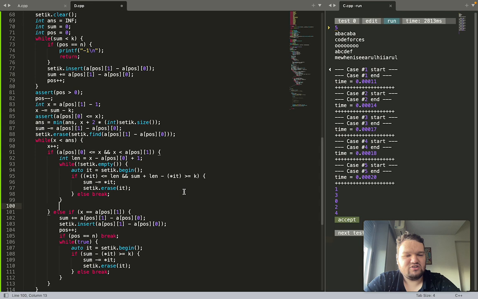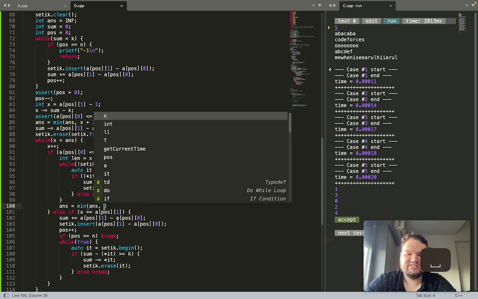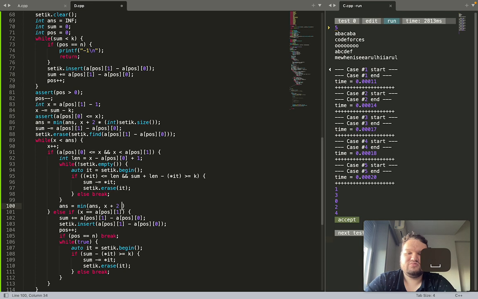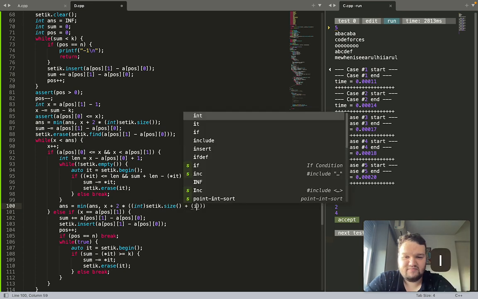But if it's not enough, so sum is strictly smaller than k, then I should also use the current segment. And so I should update the answer with x plus 2 times the size of the set, plus 1 if sum is smaller than k.